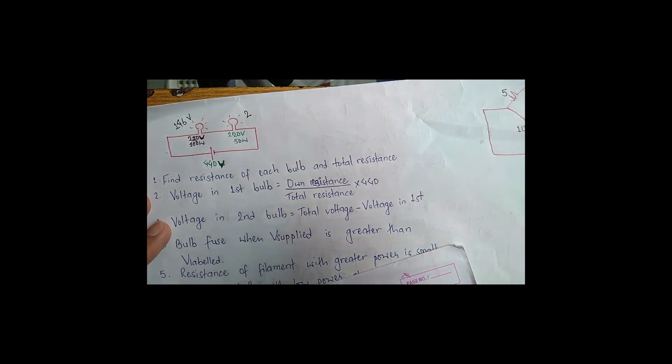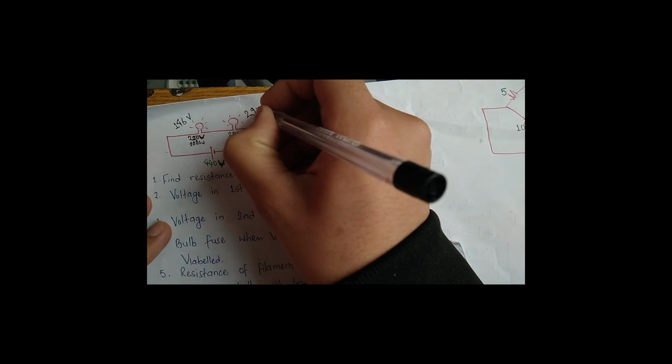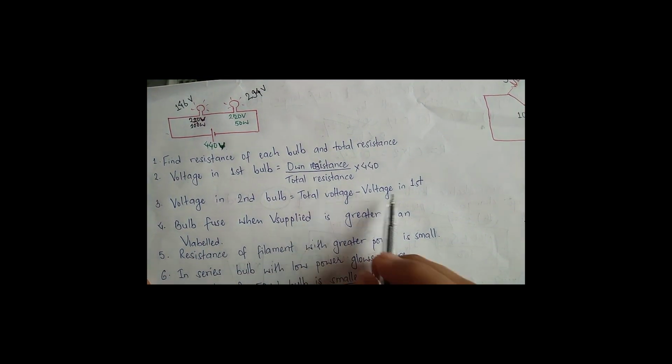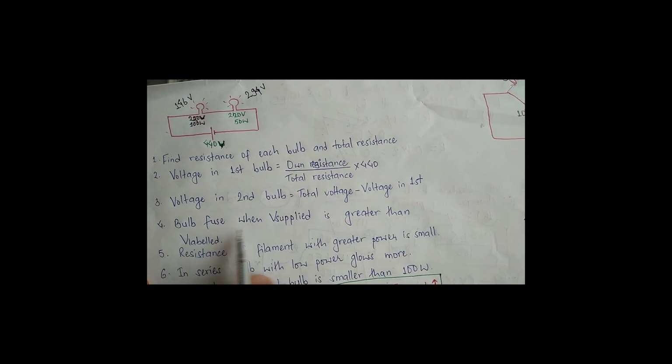So second bulb will be 294 volt. So now we have calculated the second bulb fuse when voltage supplied is greater than voltage labeled.